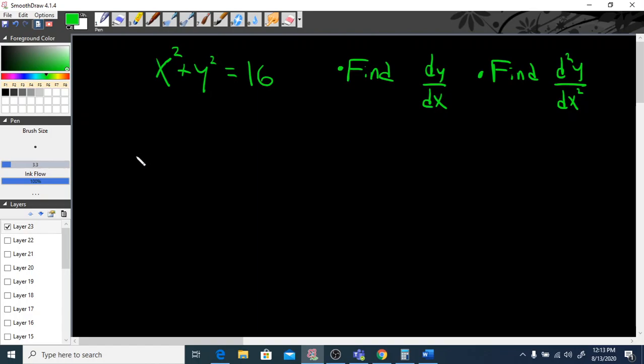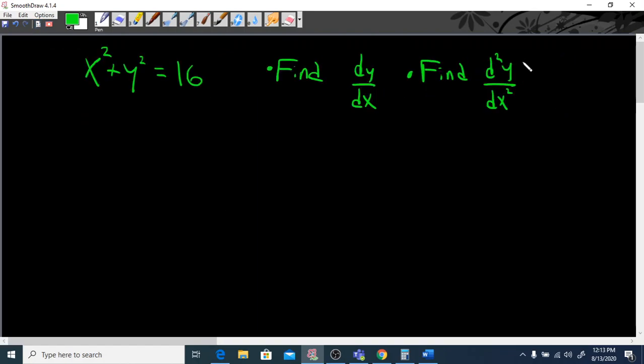Keep in mind what we said last time, which is that dx/dx is 1, and dy/dx is exactly that. It's y prime, the first derivative of y with respect to x.